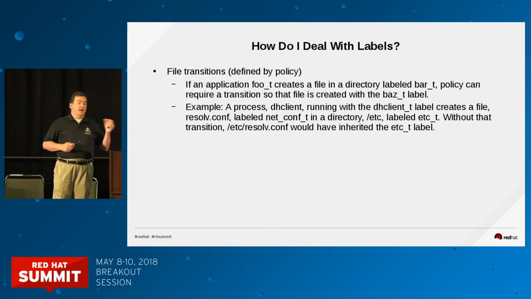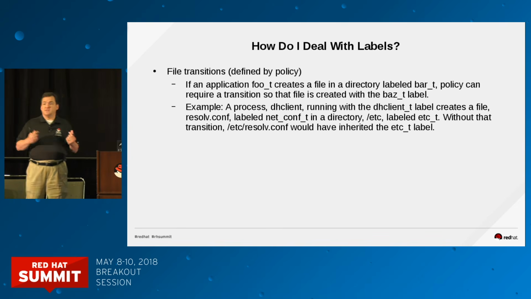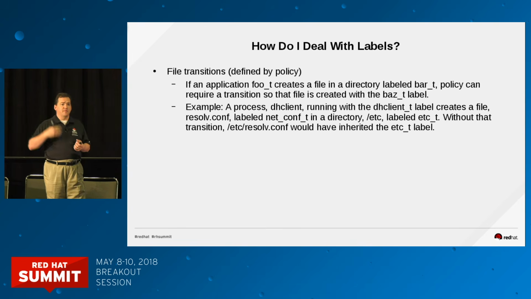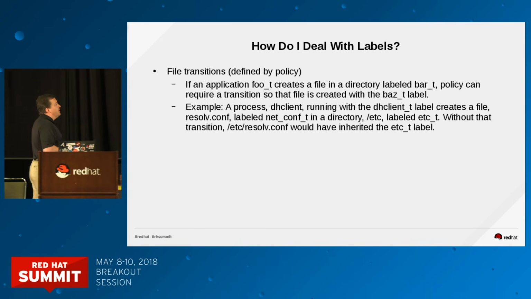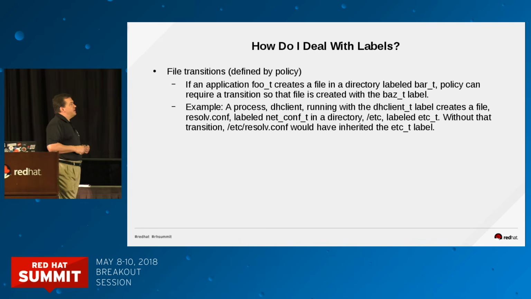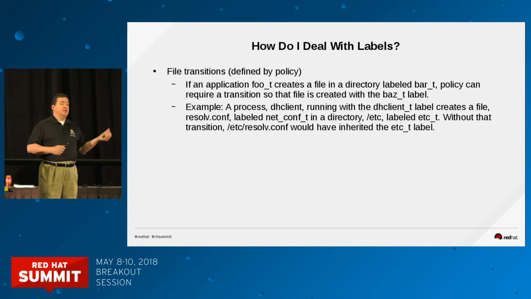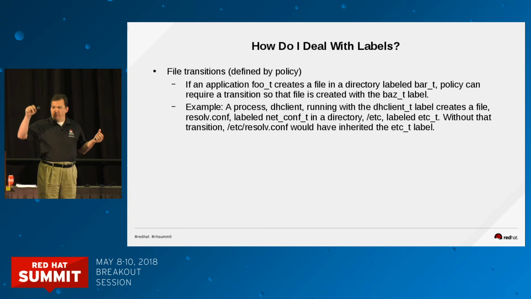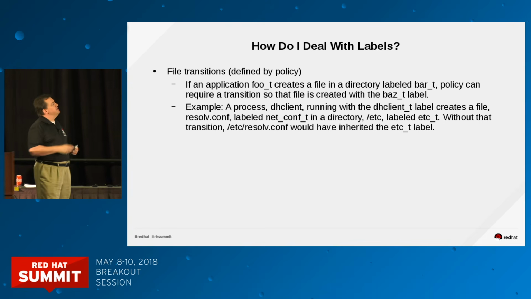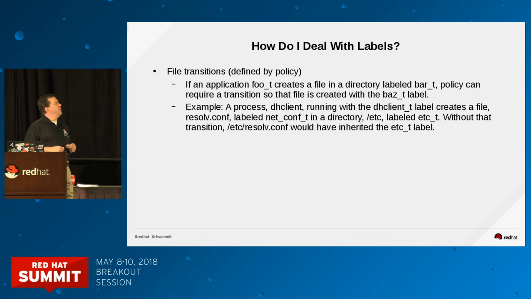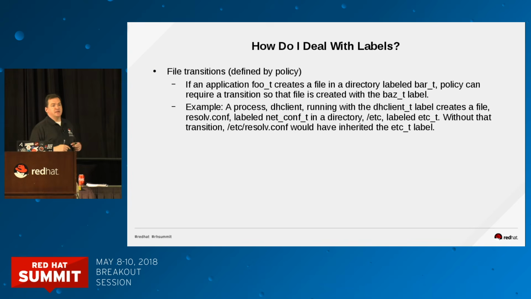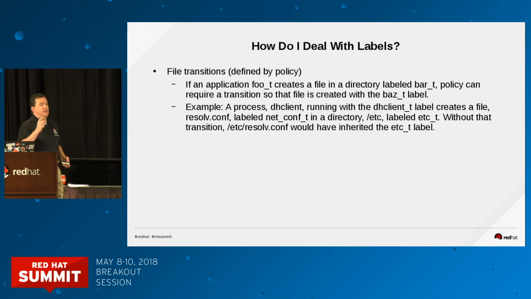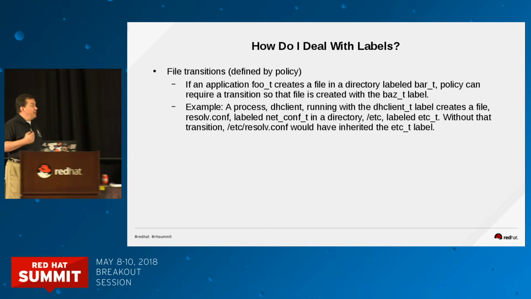If I get a new IP address, and the DHCP server passes me information about the DNS server for my network, dhclient will create a resolv.conf file, and even though it should inherit the etc type label from the parent, that file transition says that it will create the file with the net_conf type in /etc.